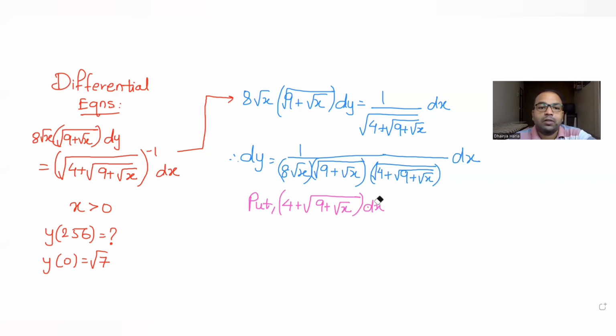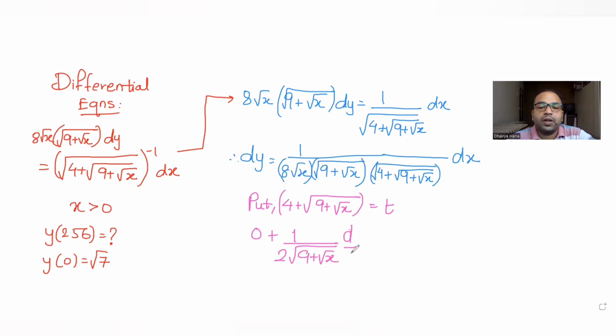Let's put that equal to t. Now let's take the derivative and see what we get. The derivative of the constant is 0, plus the derivative of root x, which we know is 1 upon 2√x. So the root of this entire expression will become 1 upon 2 root of this entire expression.